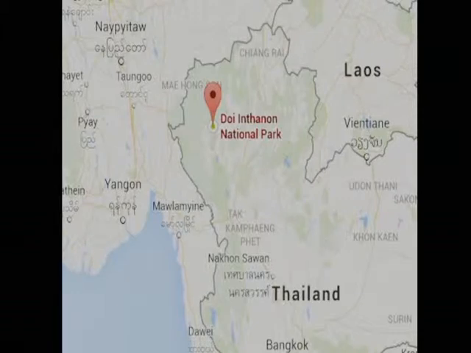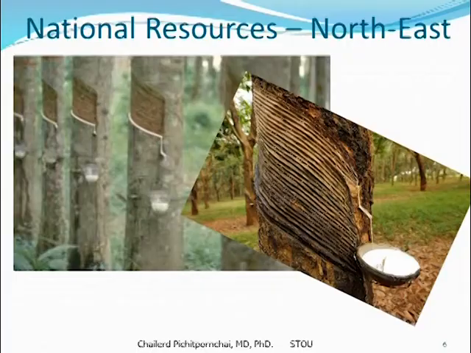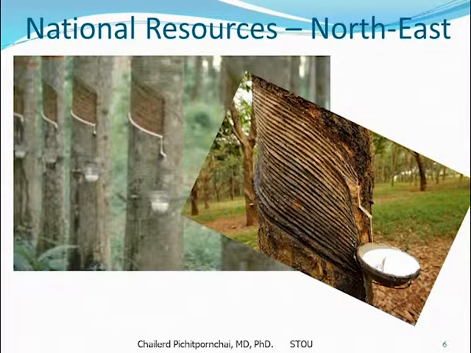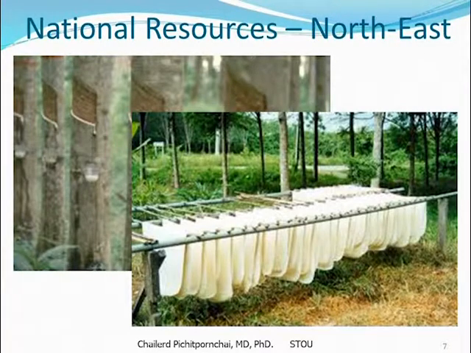Well, as you know, you travel less in your own country than you go overseas. Also, in the northeastern part of Thailand nowadays, they grow rubber, and also in the southern part of Thailand, and we produce raw rubber that we export as our goods.